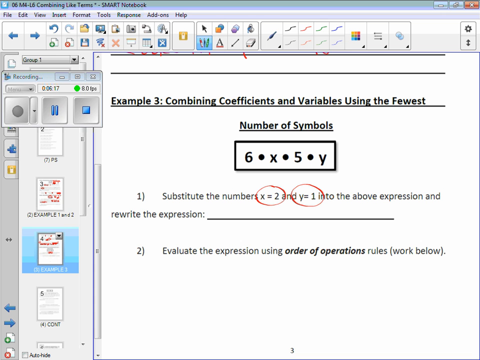I've been telling you how important it is. Let's see if you remember. Steven? No, not yet. We're going to actually leave them in for right now because I'm not going to simplify it yet. Say it. We have to substitute in the values that I'm giving you. I'm telling you that x is 2 and y is 1. So we're going to rewrite the expression now with the new values for x and y.